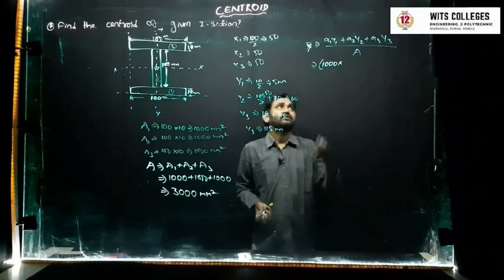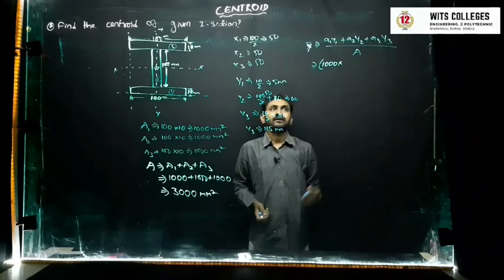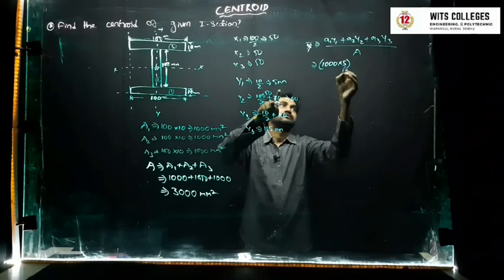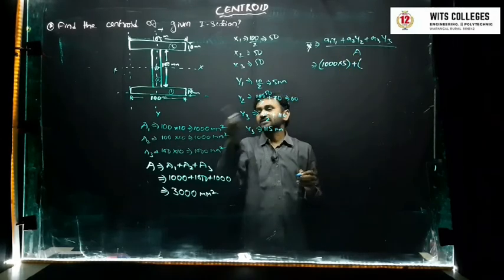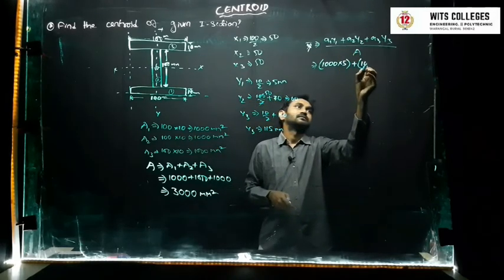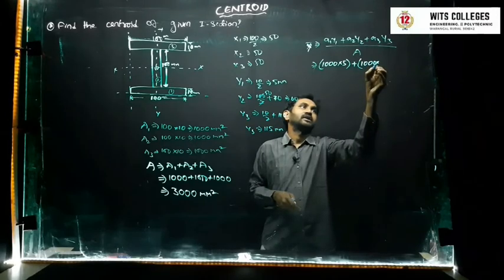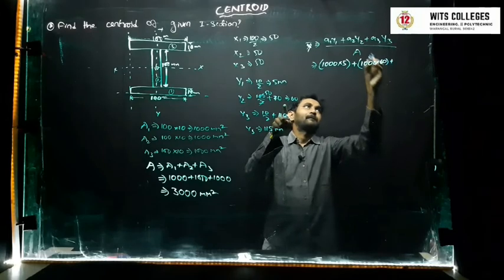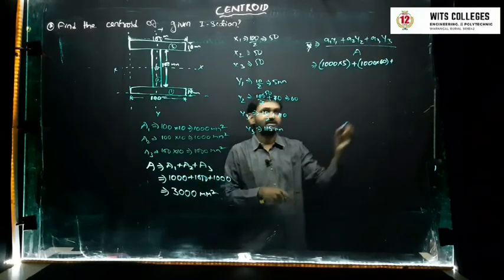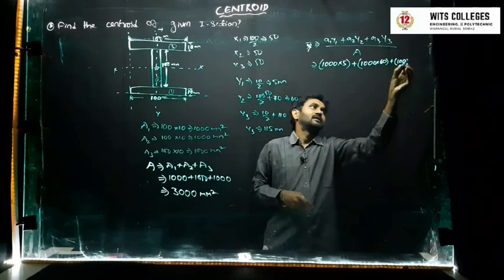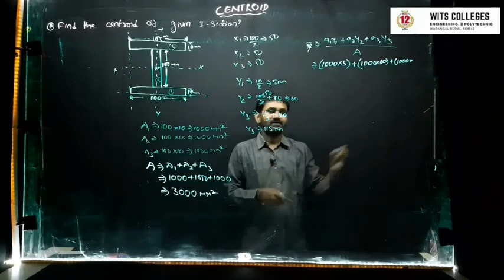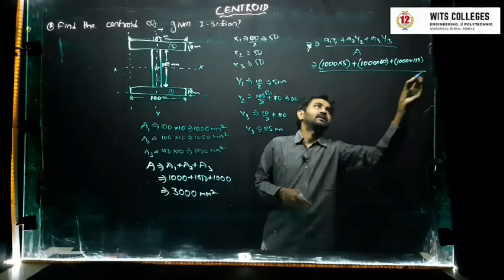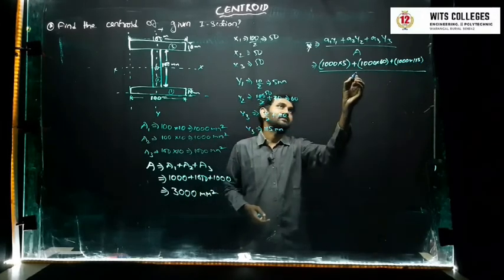So y bar equal to A1 y1 plus A2 y2 plus A3 y3 by capital A. A1 is 1000, and y1 is 5, plus A2 is 1000 into y2 which is 60, plus A3 is 1000 into y3 which is 115, divided by capital A, which is 3000 mm square.